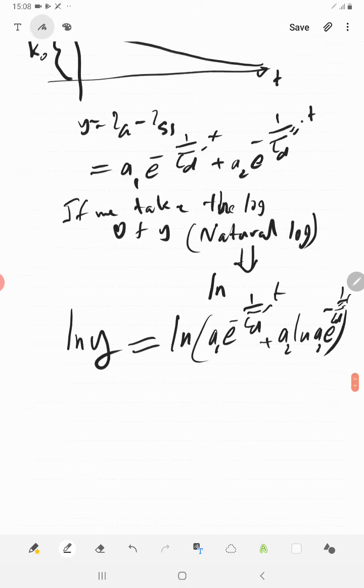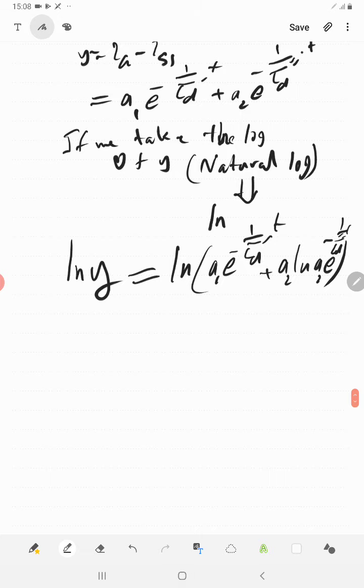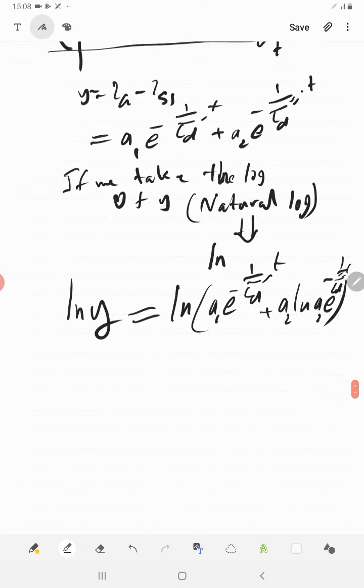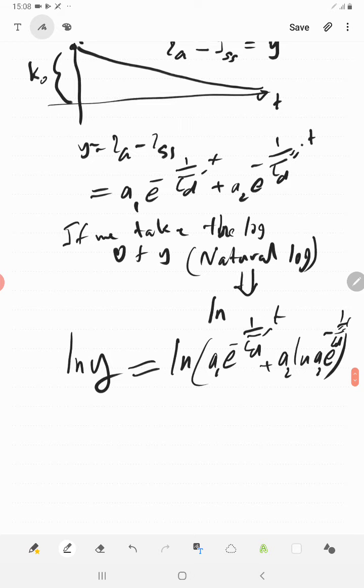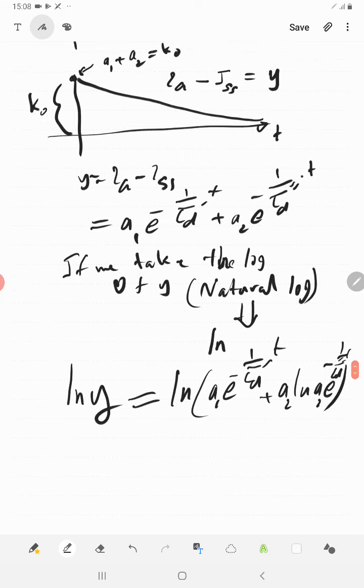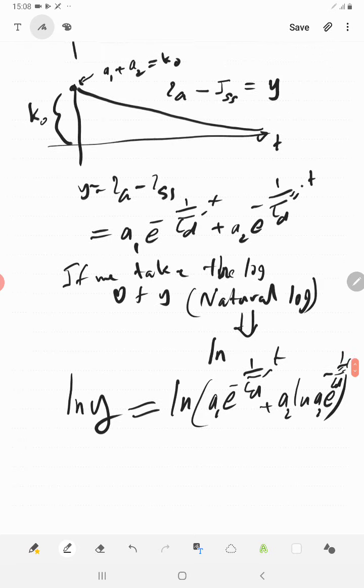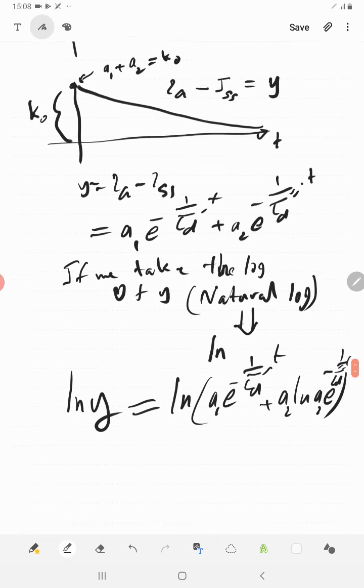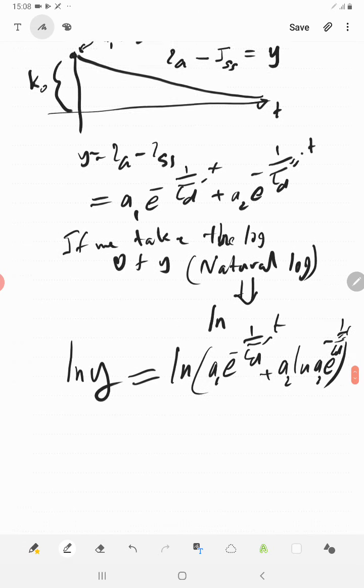Now, this is non-linear. This will be more linear for the two parts, the transient and subtransient.